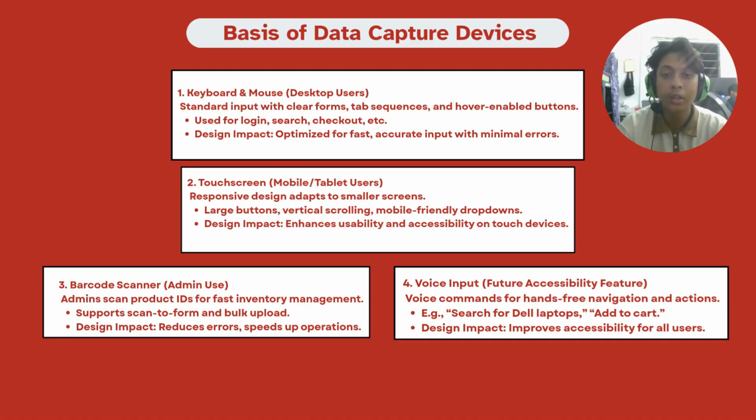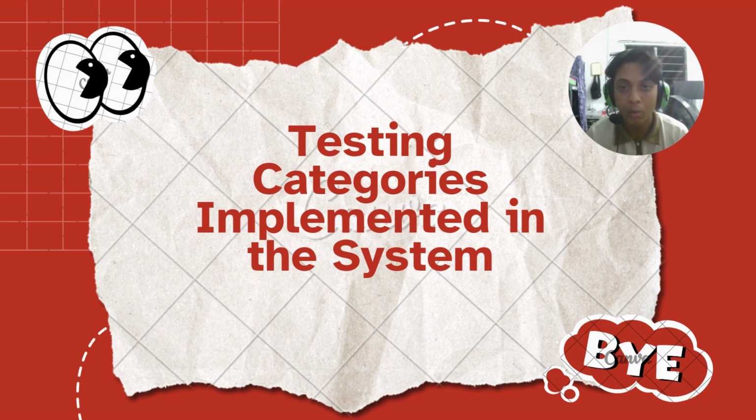And then there is hands-free system navigation. It also supports verbal actions like add to cart. So the design impact supports improved accessibility for users with disabilities and those who prefer hands-free interaction, enhancing the overall user experience. I will continue talking about the testing categories implemented in the system.